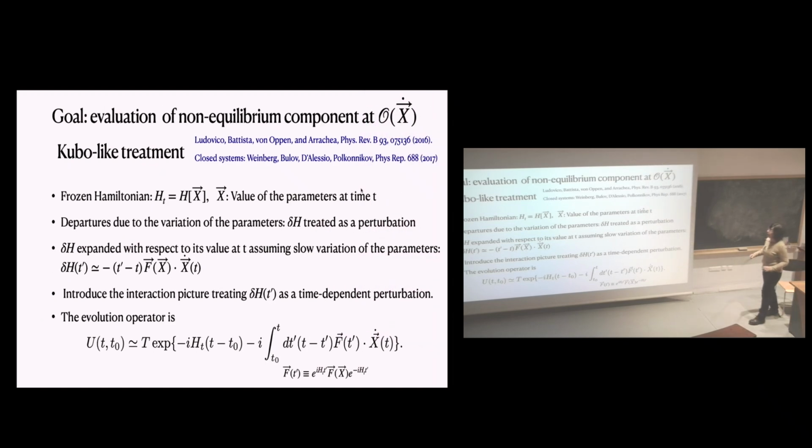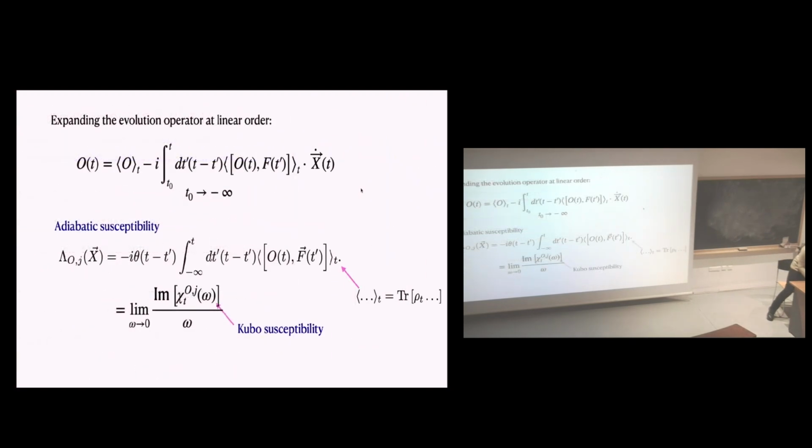I forgot to mention, there is another version of this which was formulated for closed systems. But the idea is very similar. Now, in this adiabatic linear response, we have the following expressions for the mean value of the observables at a given time t.